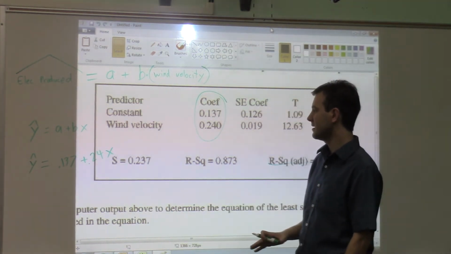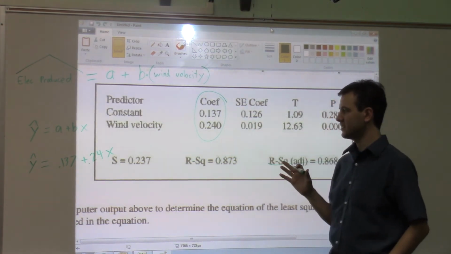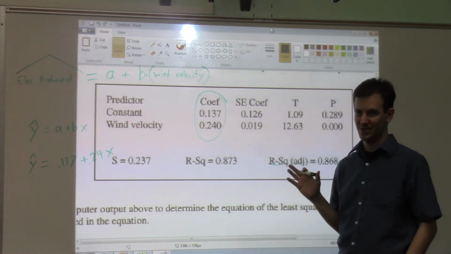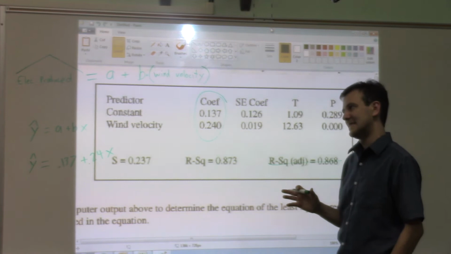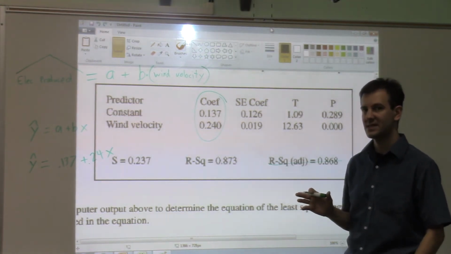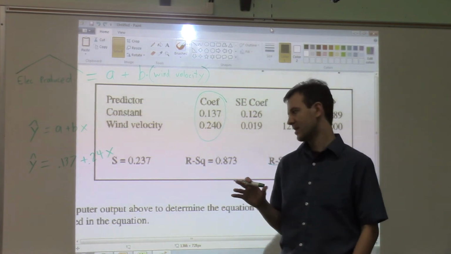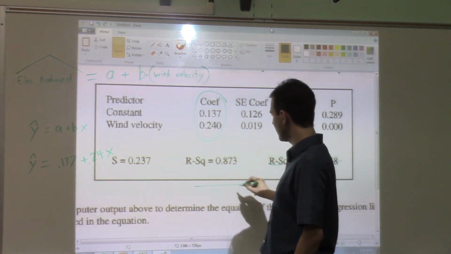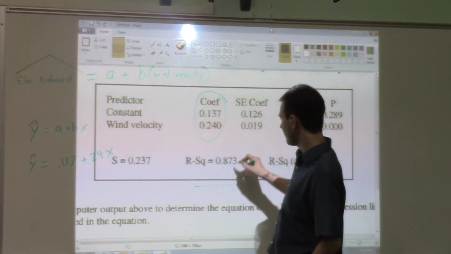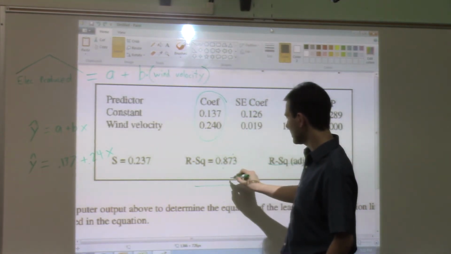And S is the average size of the residuals. By that, what I really want to say is the standard deviation of the residuals. Some points miss above, some points miss below. Some points miss by a lot above or below, some points miss by a little.